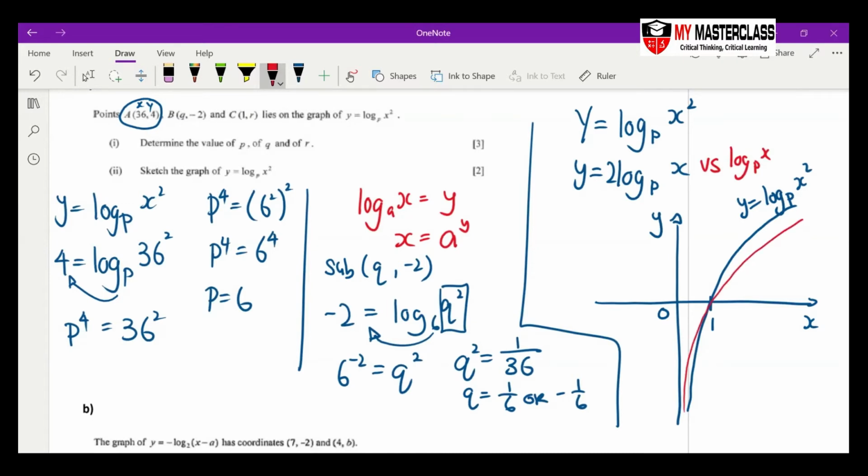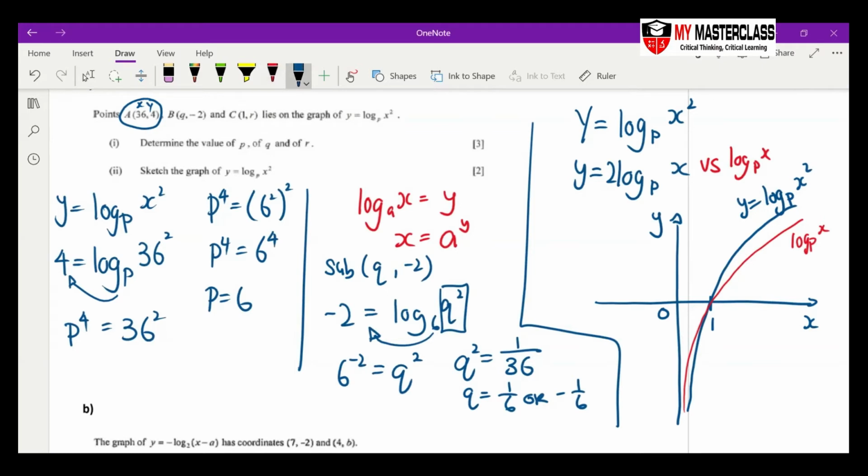This is log base p x. This is log base p of x squared. The 2 comes down, so there is a stretch of 2 units. All the y values are multiplied by 2. That's why the one in blue is taller.